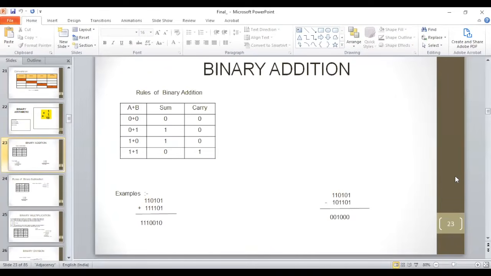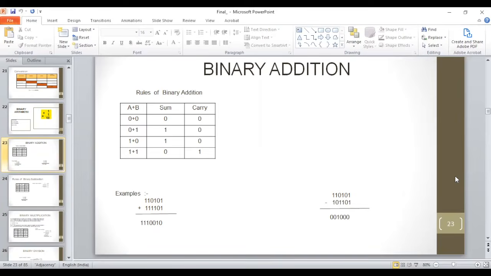Whenever the two inputs have an identical high value, then your carry would be 1 and sum would be 0.